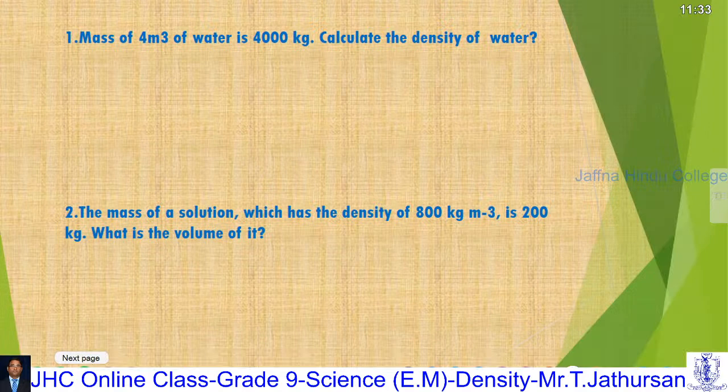Right. Symbol, calculation. Please write the exercise. Mass of 4 meter cube of water is 4000 kilogram. Calculate the density of water.